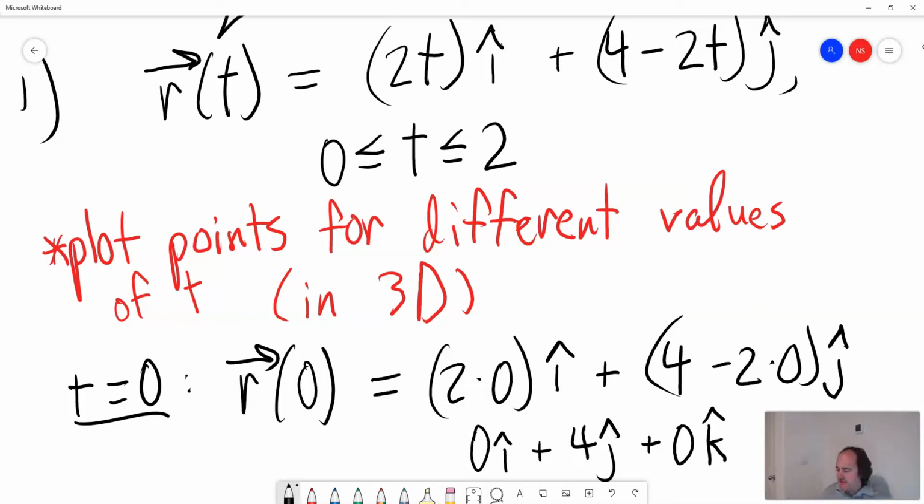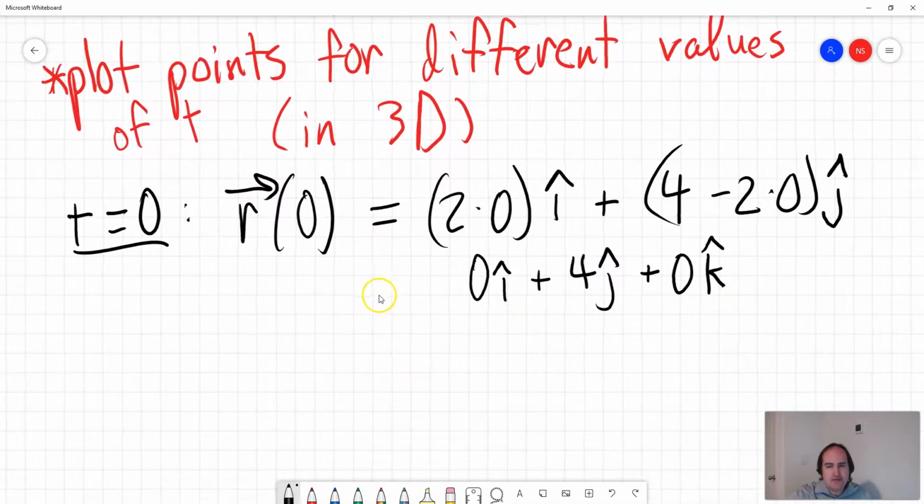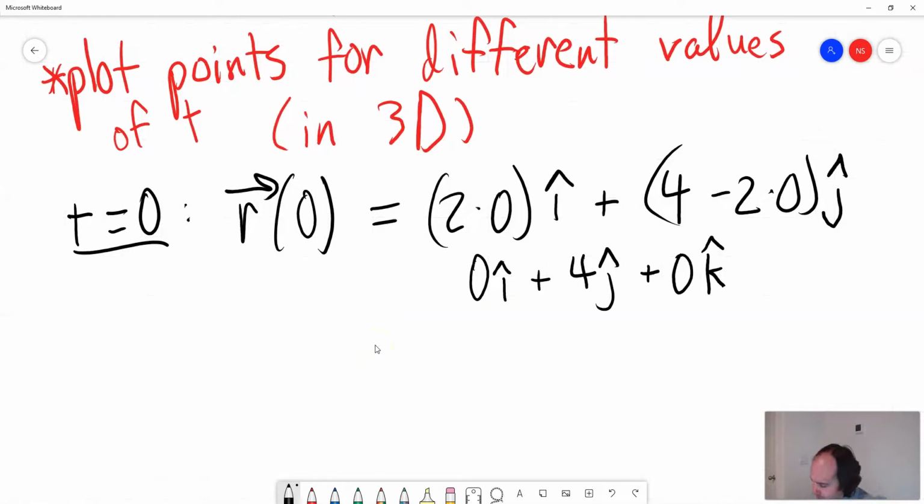The reason I'm doing all of that is so that we can plot this vector as a point. We found the vector that this equation gives us at t equals 0, and now we can graph this vector as a point. In 3D, remember that the x-axis is the one that comes out at you, the y-axis is usually the horizontal axis, and the z-axis is the vertical axis.